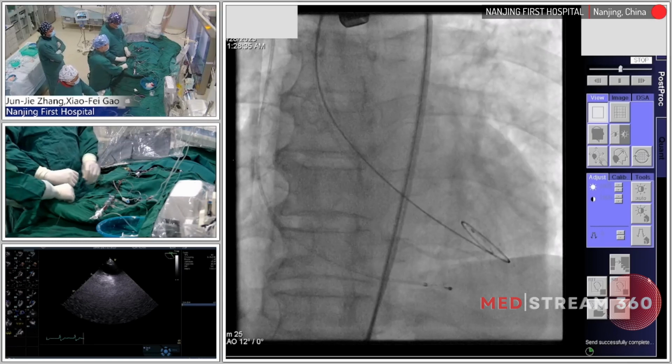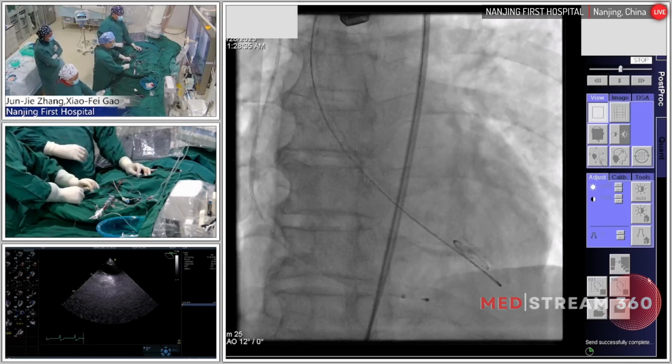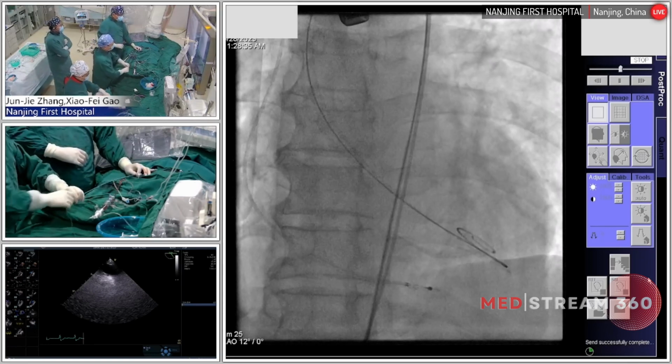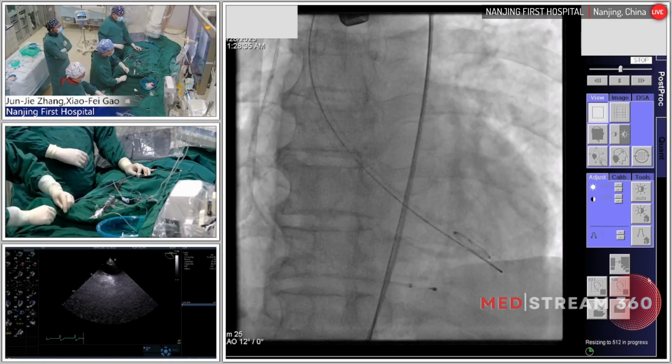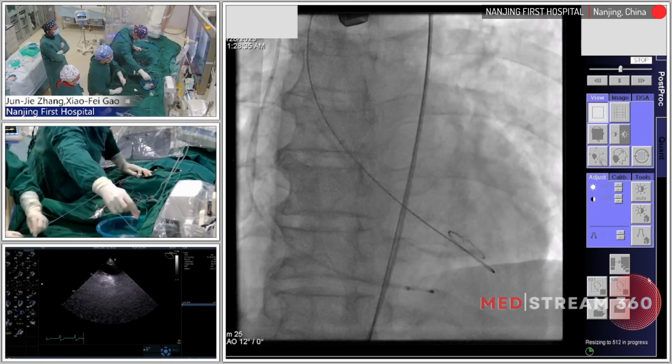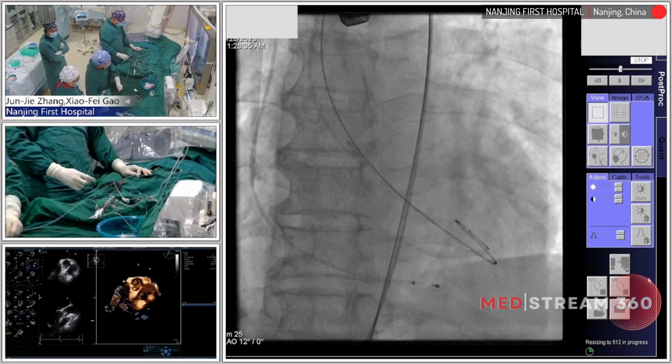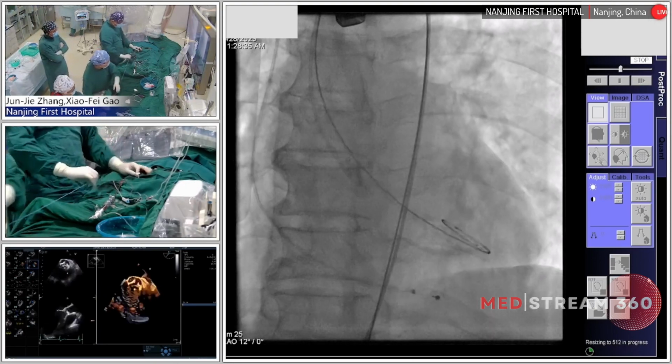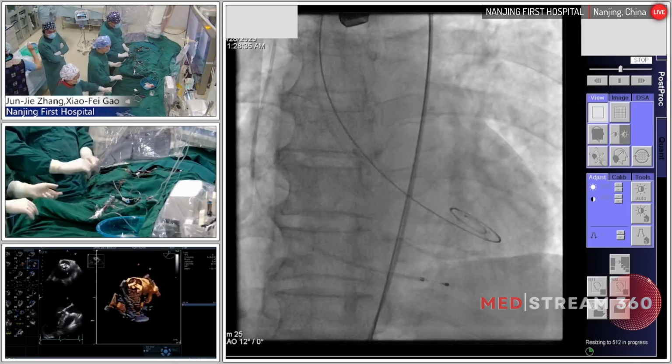What do you think is the advantage of Sapien 3 compared with a self-expanding valve? I think they are totally two different valves, maybe suitable for different scenarios of aortic stenosis.